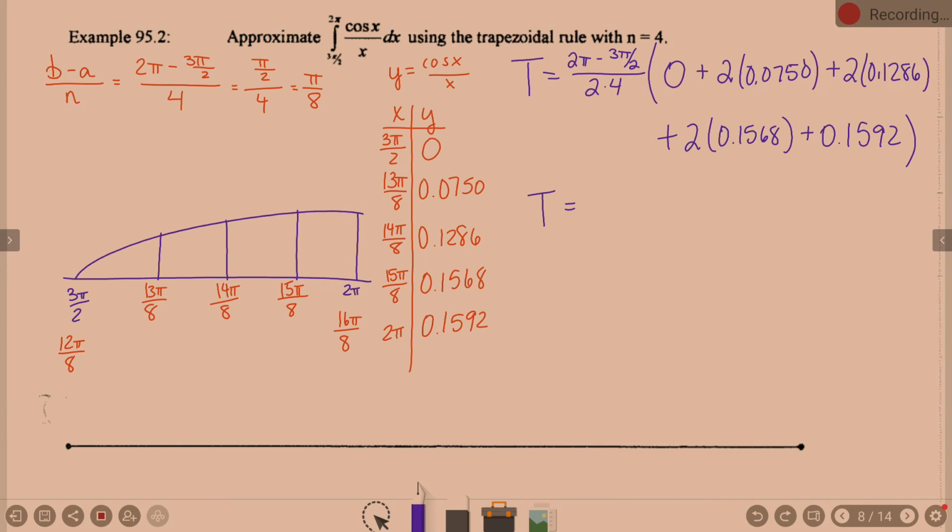Two pi minus 3 pi over 2 divided by 2 times 4. Well, really, you can just think about it. It's the pi over 8 from earlier times 1/2, if you will. So that ends up being pi over 16.